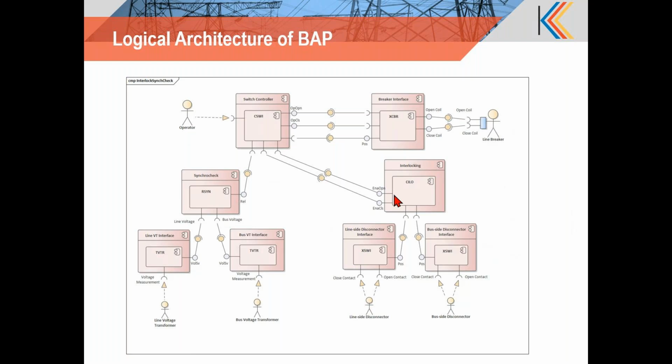So all these functionalities were defined, and reports, GOOSE, and sampled values were configured to exchange the signals across the system. So this standard approach helped all the BAPs to function in a streamlined fashion.